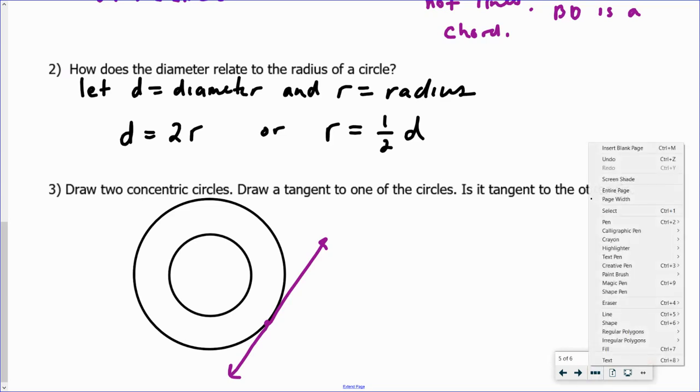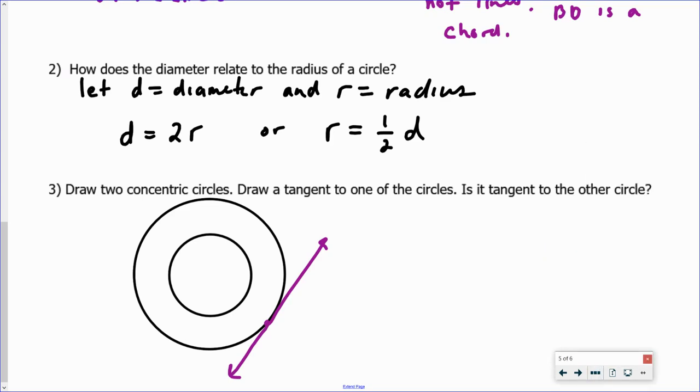For the inner circle, if I draw a tangent to the inner circle, that line's going to intersect the outer circle twice, which means it's not tangent, it's a secant. So the answer to this question is no.